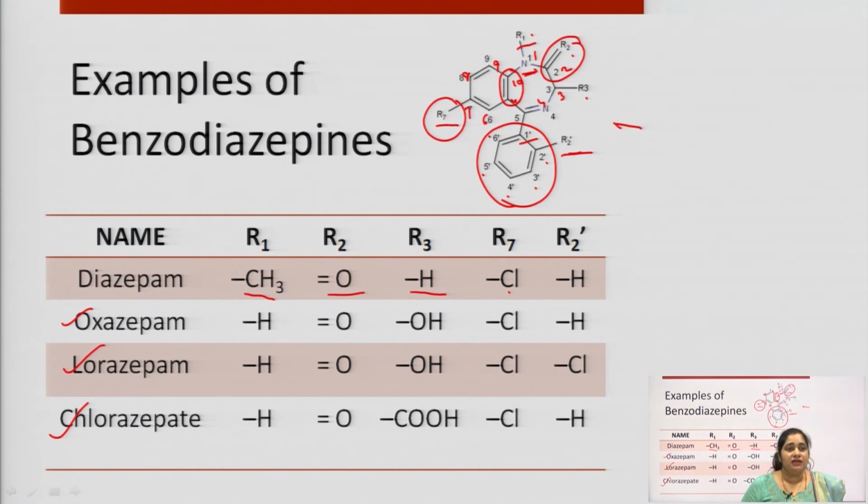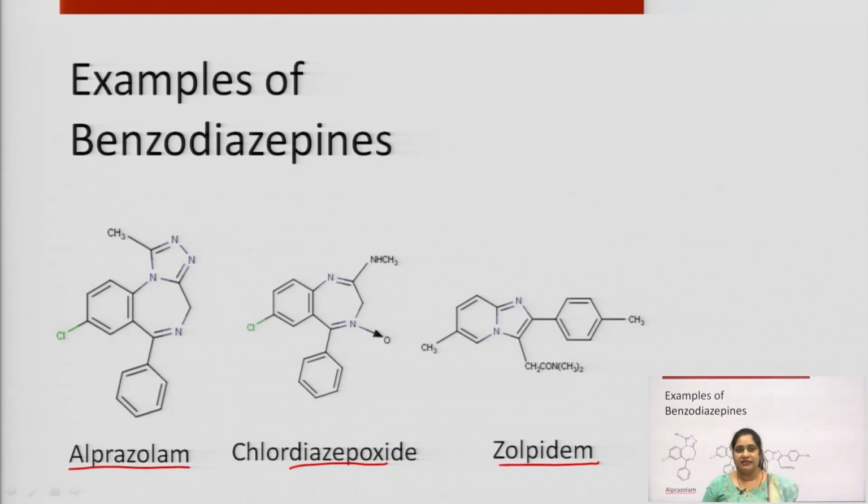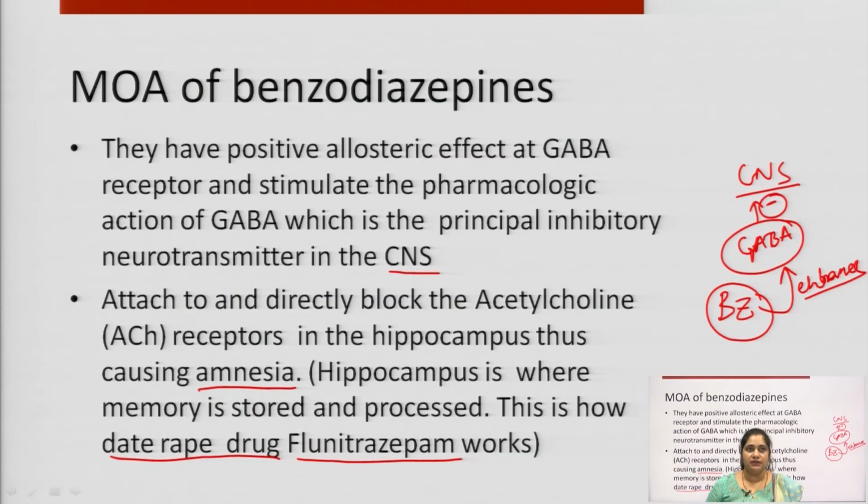There are several structural examples of benzodiazepines like diazepam, oxazepam, lorazepam and clorazepate. As for the mechanism of action, benzodiazepines have a positive allosteric effect on the GABA receptor.